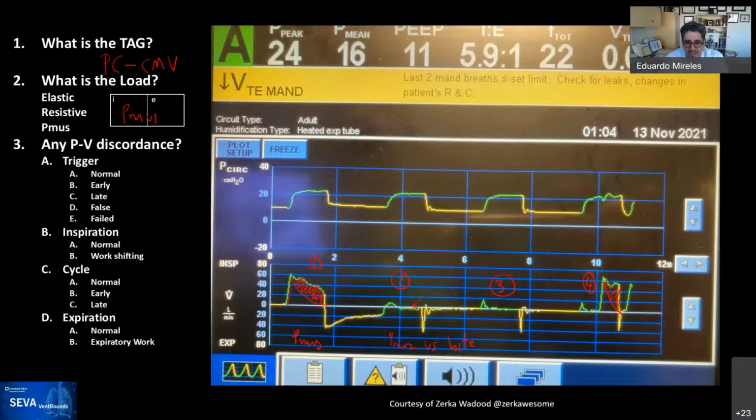I mean, there's some negative flow down here, and then it ends, and I cannot see anything else. So I don't know if this is PMUS or the other thing that comes again: is the patient biting the tube? Is this a manifestation of a tube bite? Because the flow changes rapidly, but something is obstructing, impeding the flow in and out of that tube. Can it be PMUS or could it be something else? Thoughts?